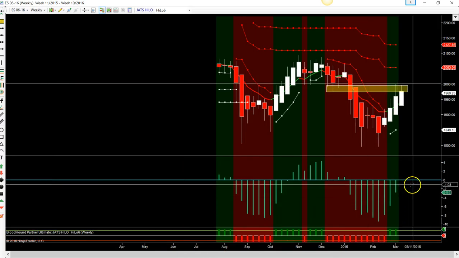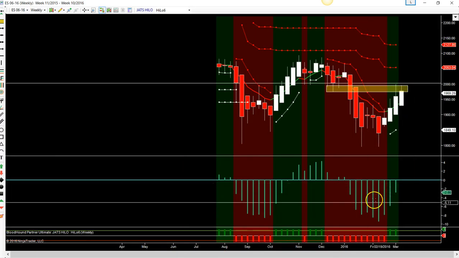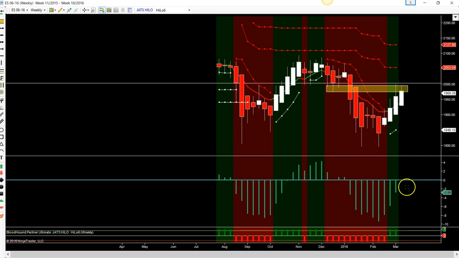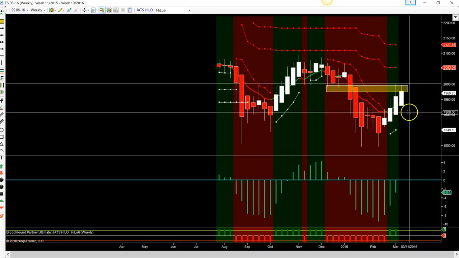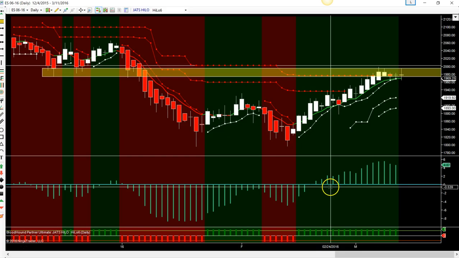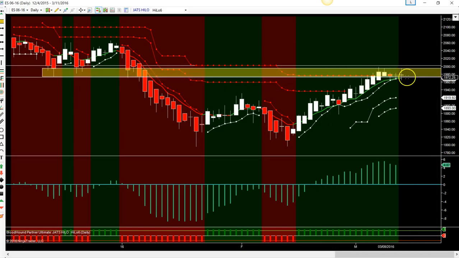We're still below zero on the weekly. The momentum is still below zero, so I'm still bearish. I'm still in a downtrend on my weekly. So I'm sticking with it, okay? Right now, I'm at the crossroads where I've hit my downtrend and I'm just going sideways.